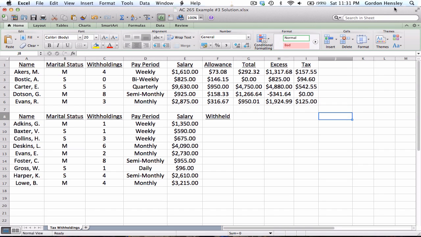Now this second part of the problem, we have several more employees, but this time they want us to use a different method. This time they want us to use the wage bracket method. Now the wage bracket method, one of the things that's nice about it is you don't have to do that many calculations. In fact, in a lot of instances, there's nothing to calculate.